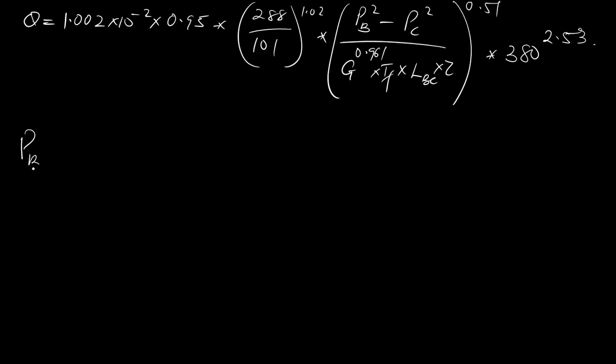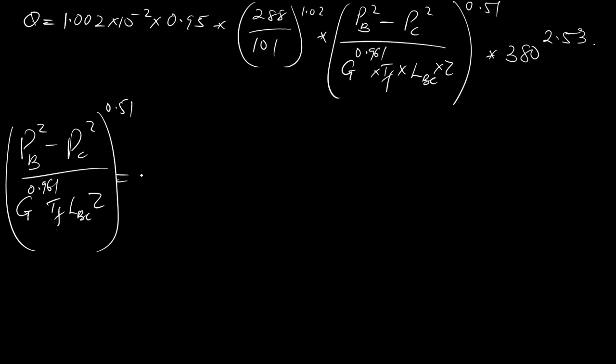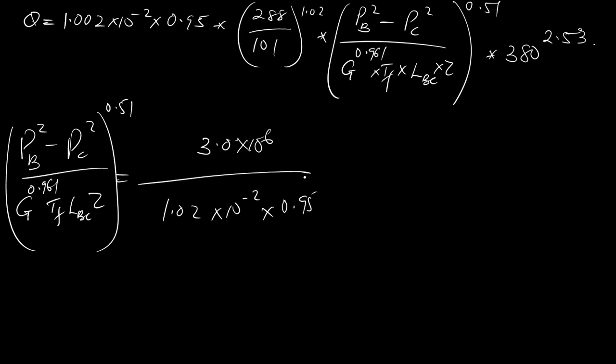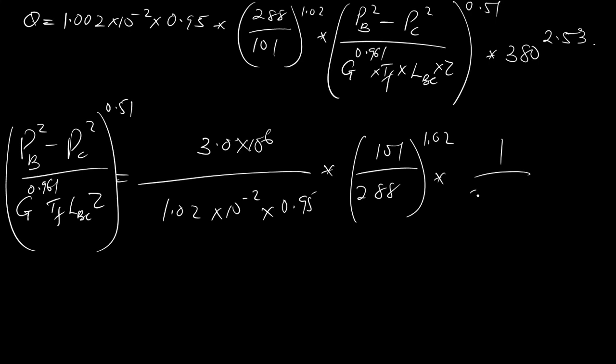That means we have PB squared minus PC squared divided by G raised to power 0.961 TF LBC Z, all raised to power 0.51, is equal to Q, which is 3.0 times 10 raised to power 6, divided by 1.02 times 10 raised to power minus 2 times 0.95, times 101 divided by 288 raised to power 1.02, times 1, all over 380 raised to power 2.53.